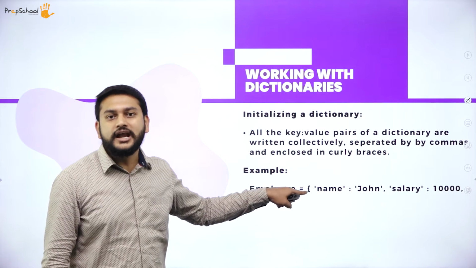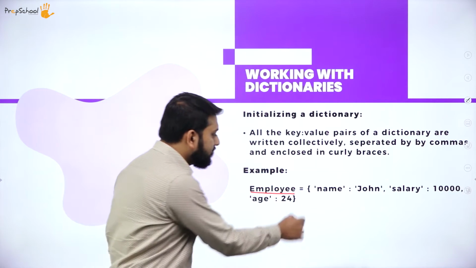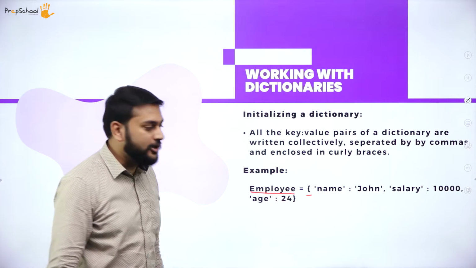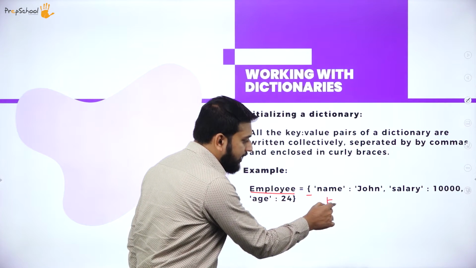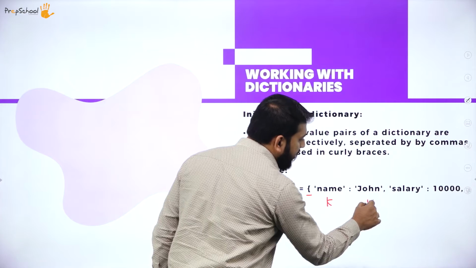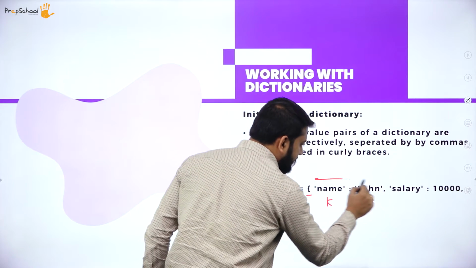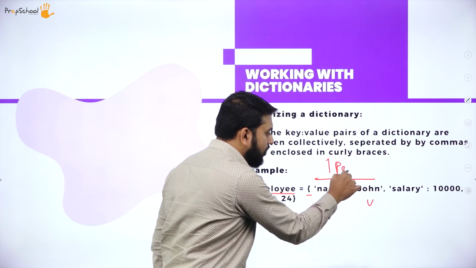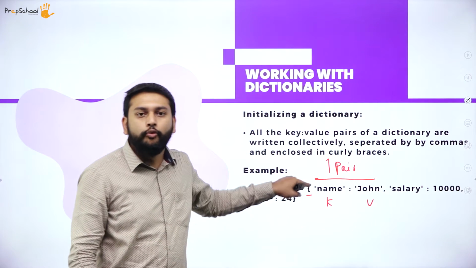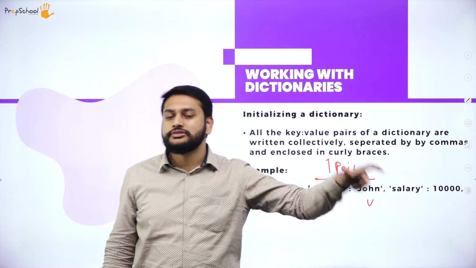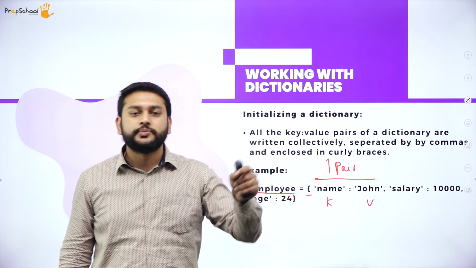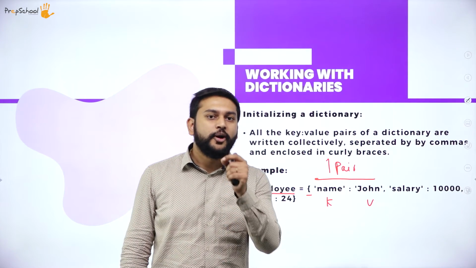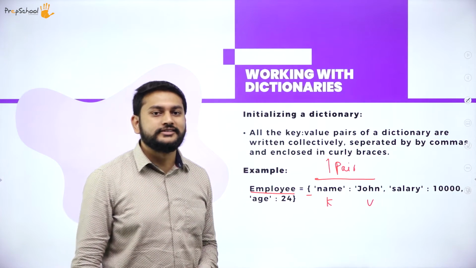I will start my dictionary with the help of curly brackets. Please remember, this is the key and this is the value. Both key and value together I will call one pair. Both key and value are associated with each other with the concept of mapping, and that is what you need to understand.